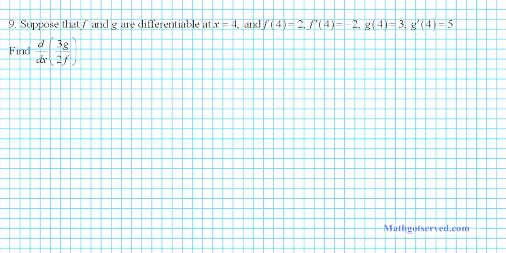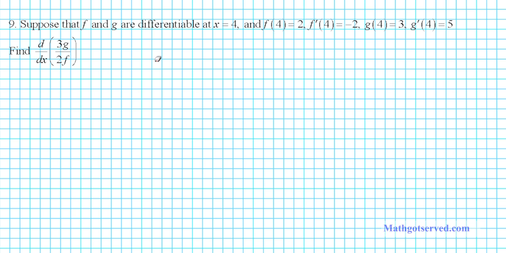Let's take a look at question 9. For question 9, we're to find the derivative of 3g divided by 2f, if f and g are differentiable at x equals 4, and f of 4 is 2, f prime of 4 is negative 2, g of 4 is 3, and g prime of 4 is equal to 5.